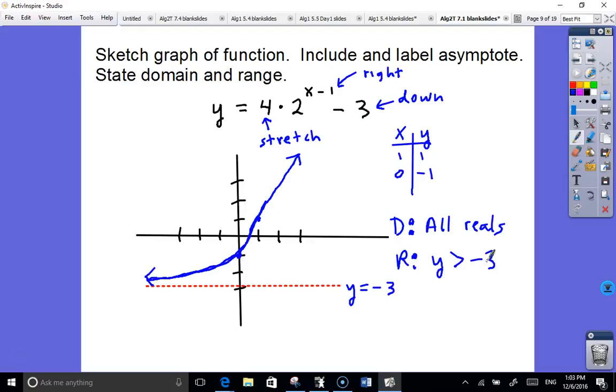A lot of times you get answers like y is greater than -2, or maybe you put y is greater than -1 because that's the one you see where it crosses the axis. But remember, all those points as the graph goes to the left are getting infinitely close to the asymptote, so they've got y coordinates that are getting infinitely close to -3. So it's got to be y greater than -3.